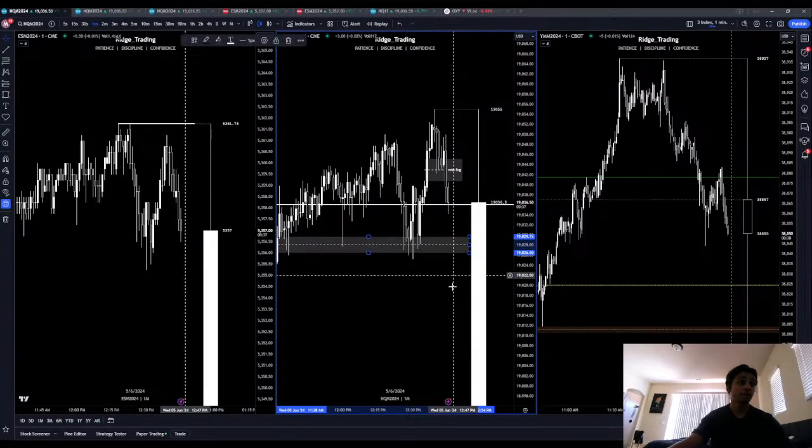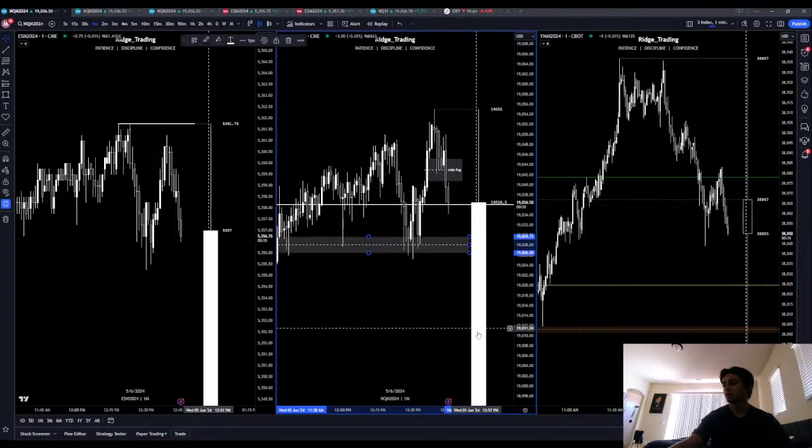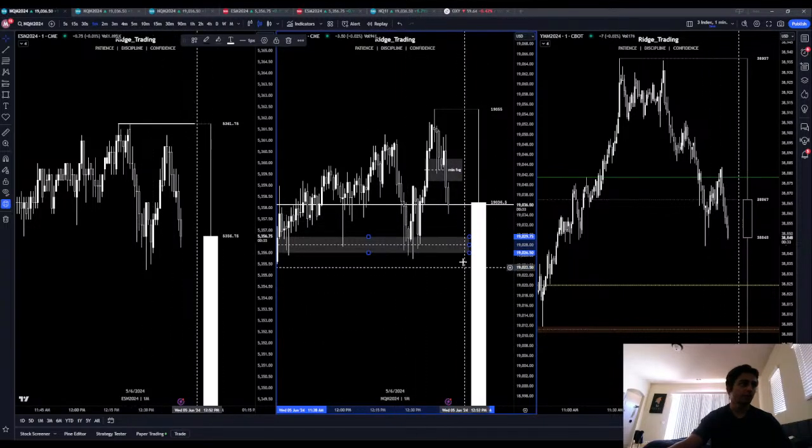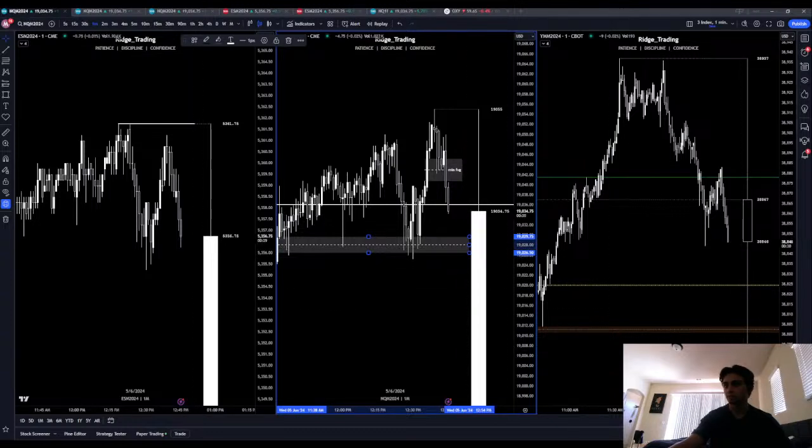Could flush down under this now, actually. It was kind of late in the day, so I definitely wouldn't take any more trades. But you can just tape read this and watch it, and that'd be kind of fun.